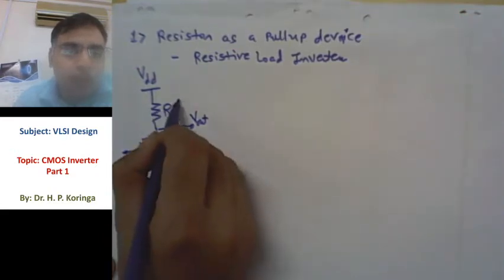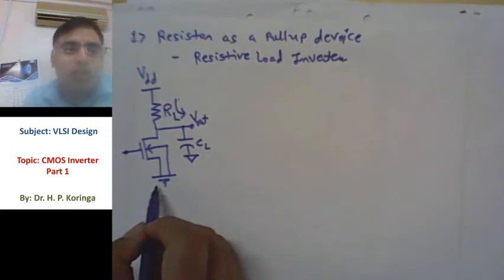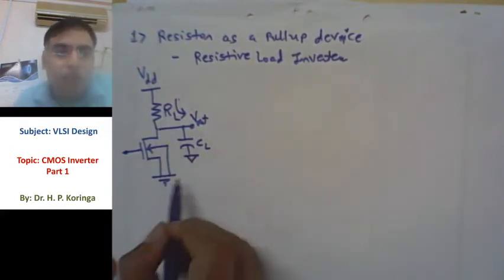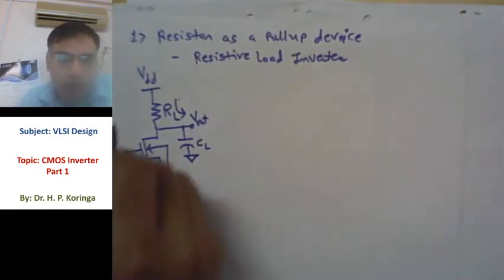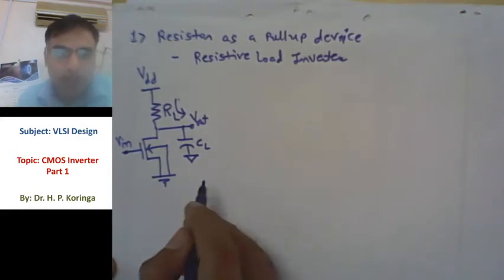The output voltage across the load capacitor is charged through the load resistor. We have analyzed this circuit in detail in the last lectures, right?